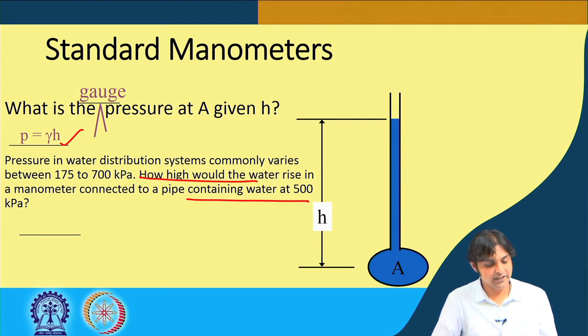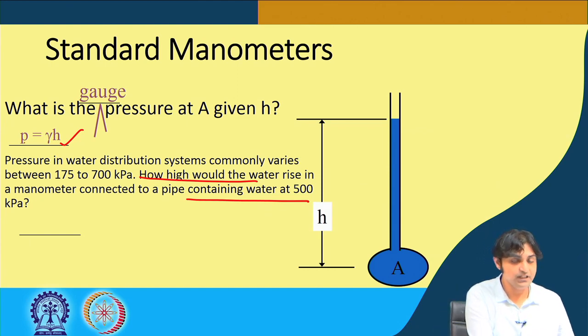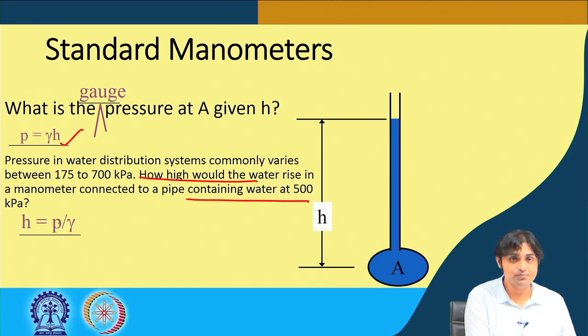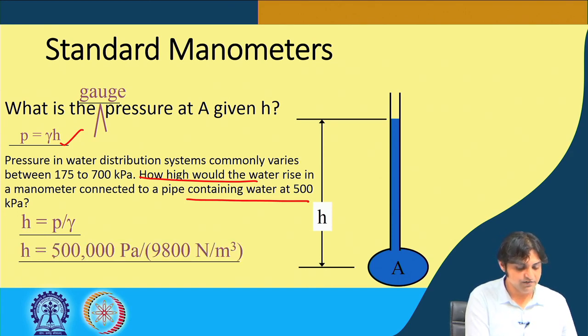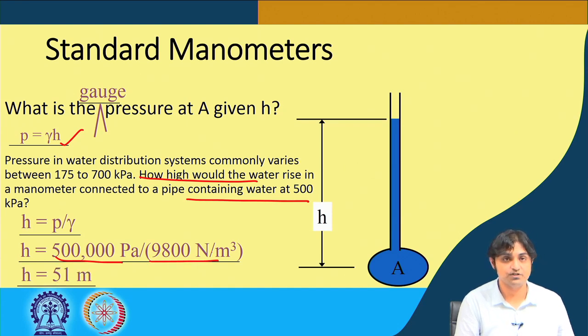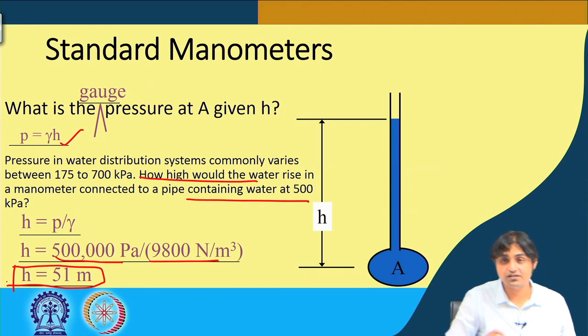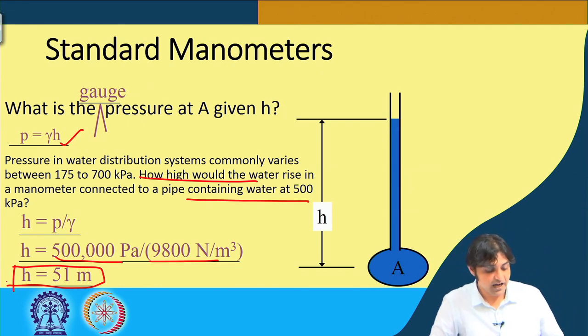In this example, we choose 500 kilopascal. So a very simple equation: we substitute P, pressure is given, gamma we know, so H can be written as P by gamma. P is 500,000 pascal divided by gamma, 9800 Newton per meter cubed. So this will give the height: 51 meters of water will rise in the manometer that has water in it.